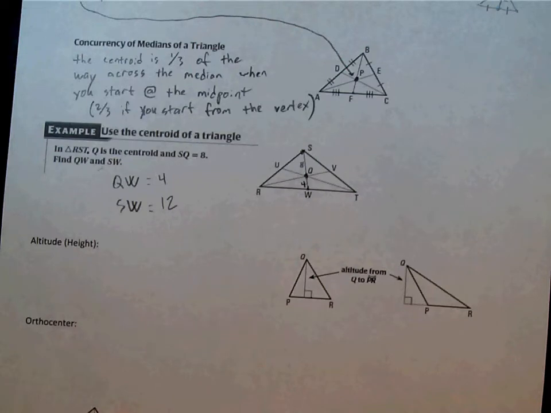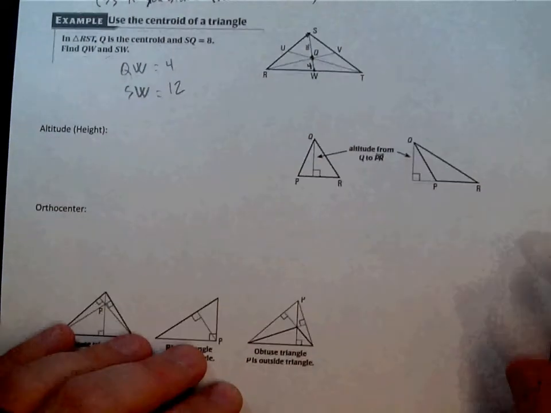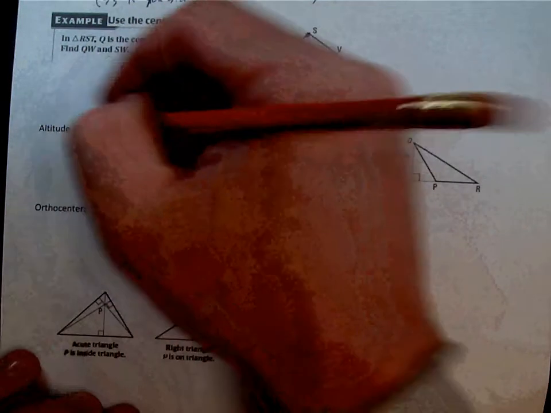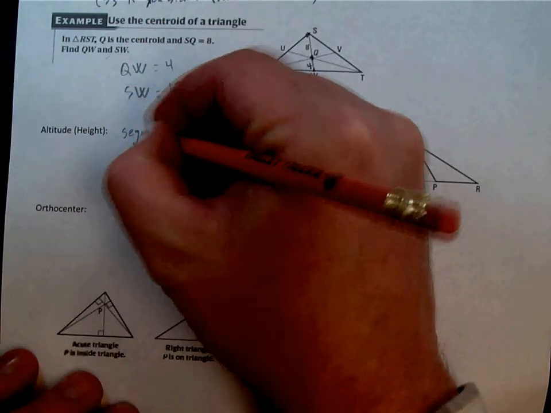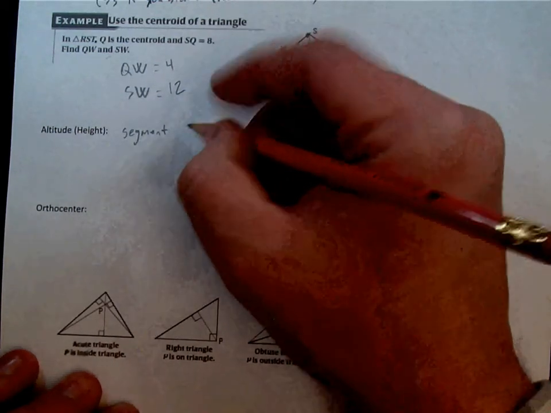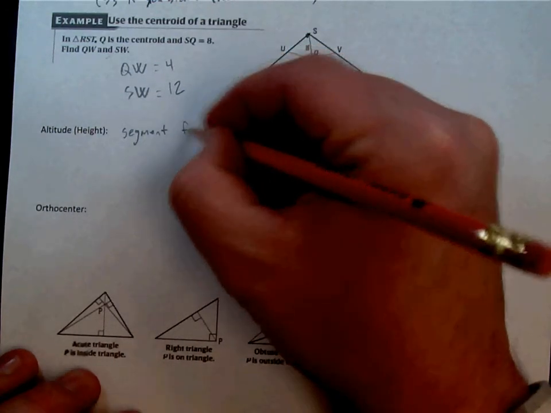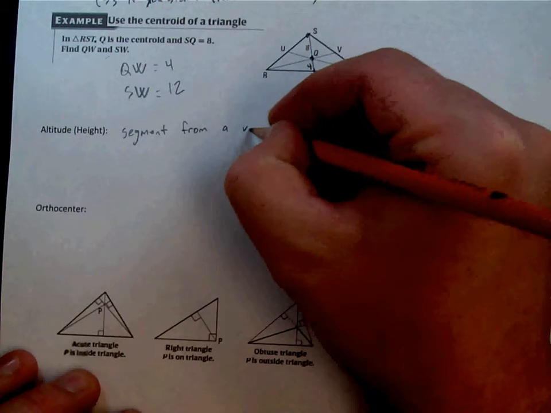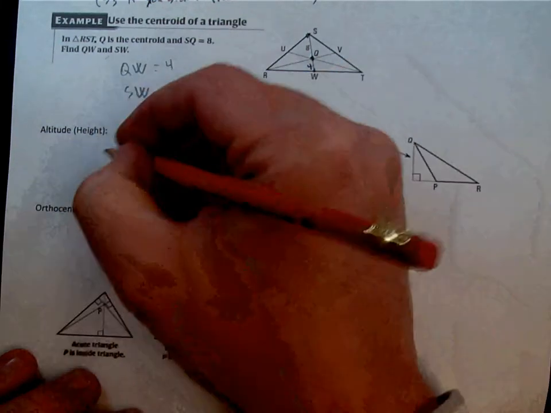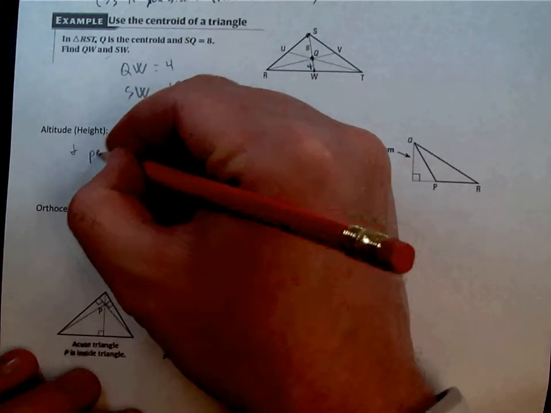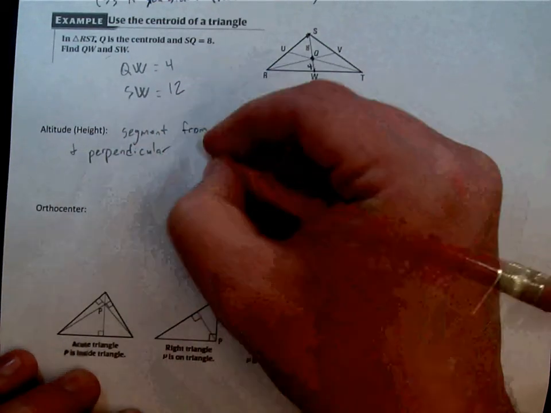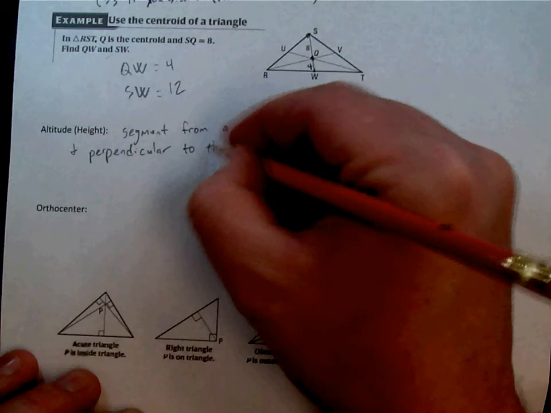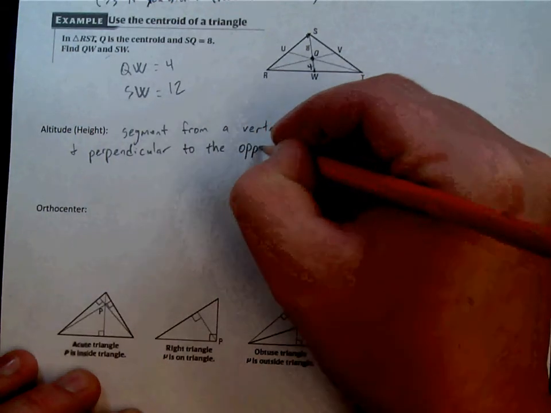Altitude is also known as a height. That's going to be our other one here. It's a segment from a vertex and perpendicular to the opposite side of the triangle.